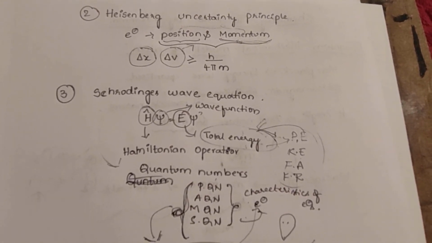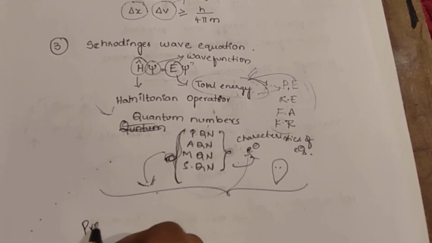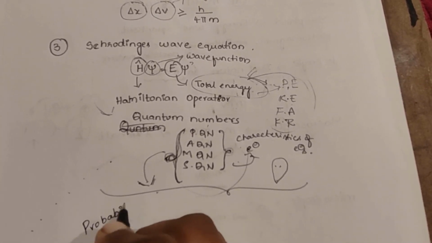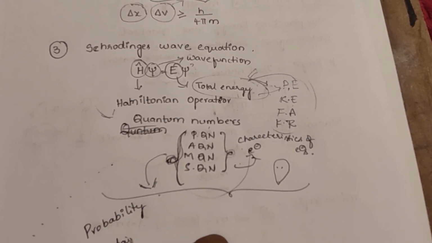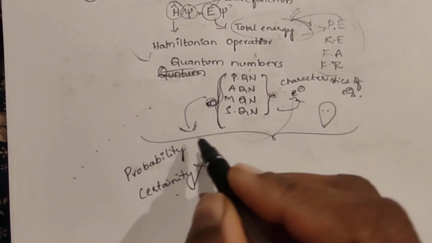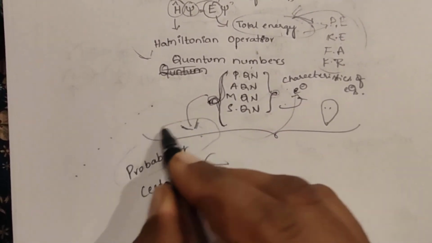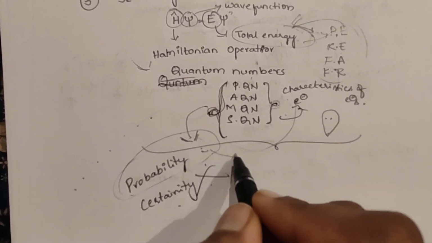So this quantum mechanical model, which we'll be discussing in further videos, is mostly based on probability rather than certainty. So here the quantum mechanical model is mainly based on probability.